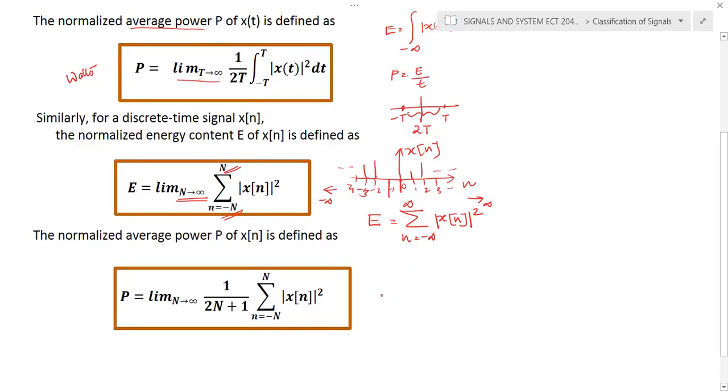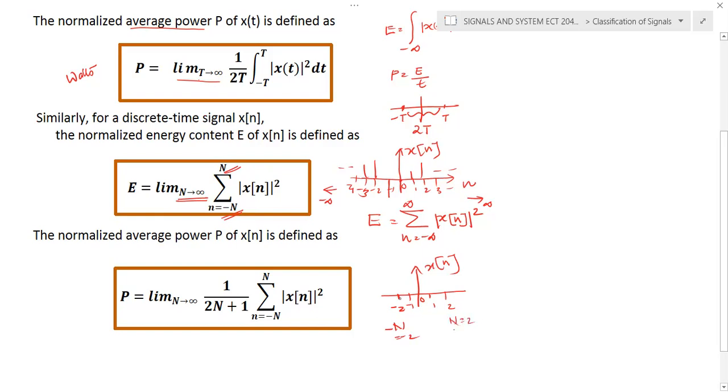If we consider any signal, for example x of n, and assume that it's a periodic signal, it's from -2 to 2, repeating. Assume that n is equal to -2 here, and here it is 2.